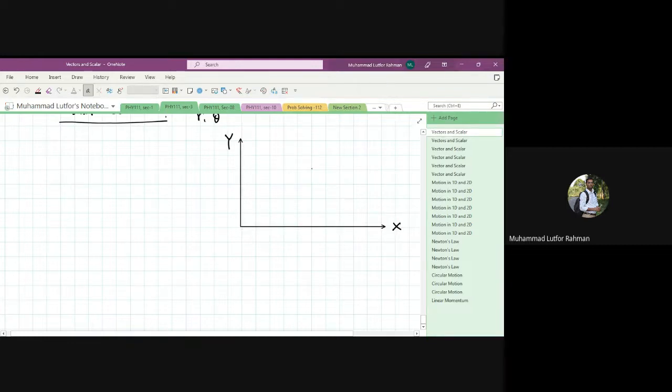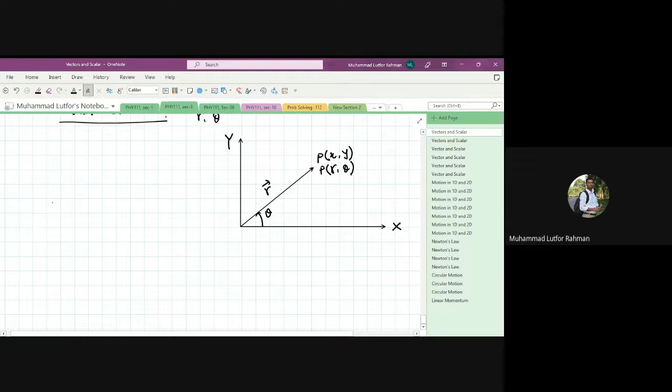If you have a point P over there, we can make the coordinate of that point P equal to x, y. The similar point we can represent in polar coordinate system using r and theta. Now if we draw a vector from the origin to P, this will be my vector r, and this angle is theta, right? This r and theta are the polar variables.